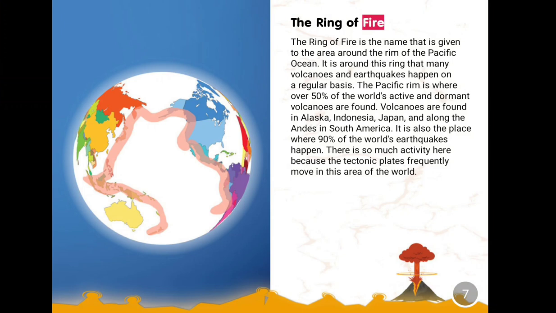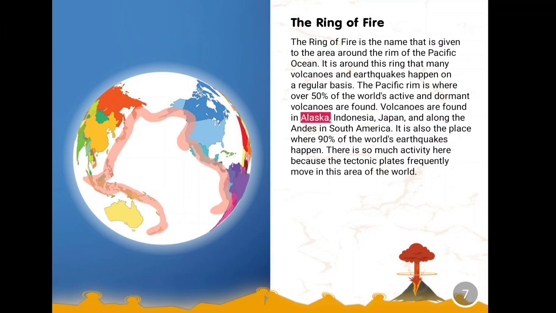The Ring of Fire. The Ring of Fire is the name that is given to the area around the rim of the Pacific Ocean. It is around this ring that many volcanoes and earthquakes happen on a regular basis. The Pacific Rim is where over 50% of the world's active and dormant volcanoes are found.